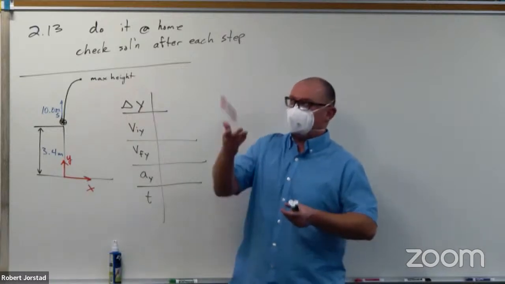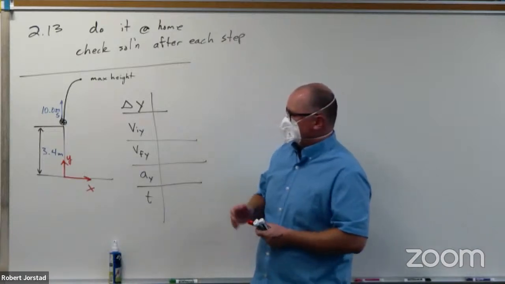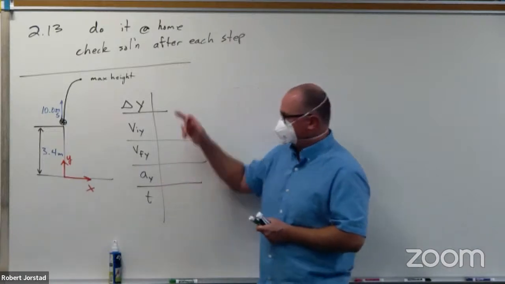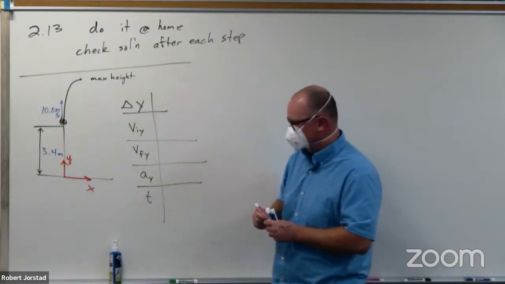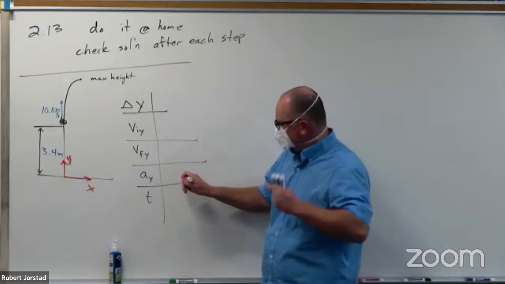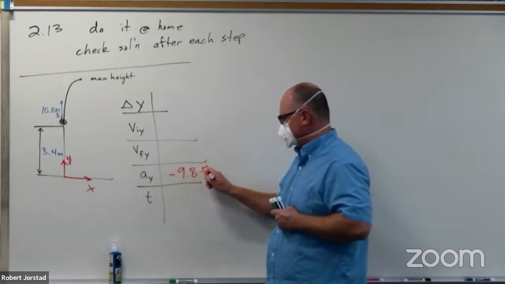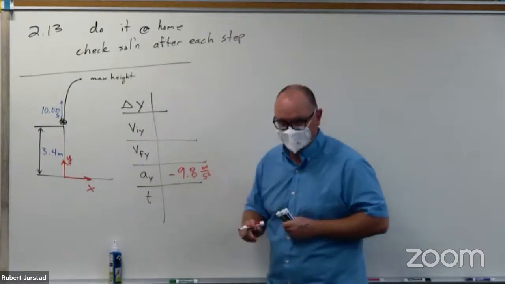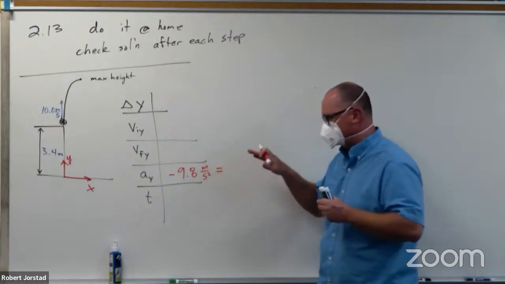So throwing a ball upwards, that's a free fall problem. Think about this marker: air resistance is pretty negligible on that thing. So this is free fall. What do I write down for a sub y? I heard negative 9.8 meters per second squared. That's great. What if you had to write it down algebraically?